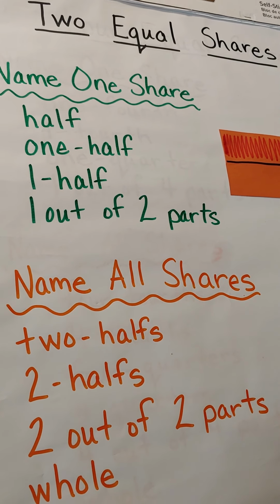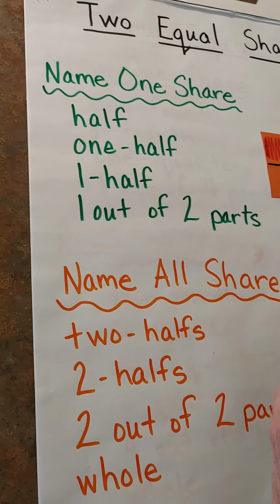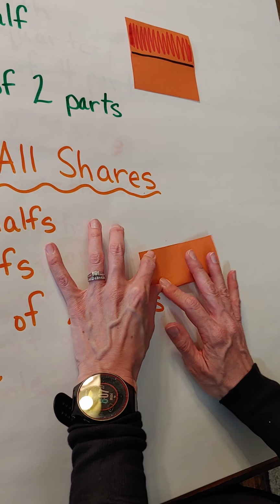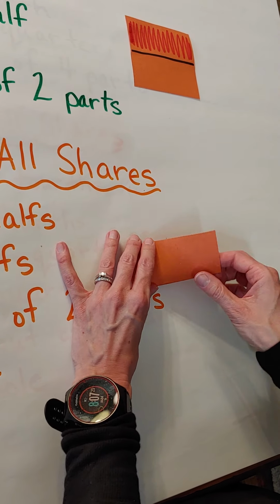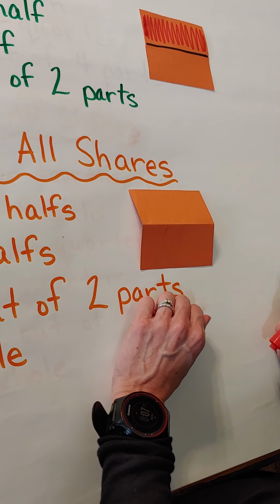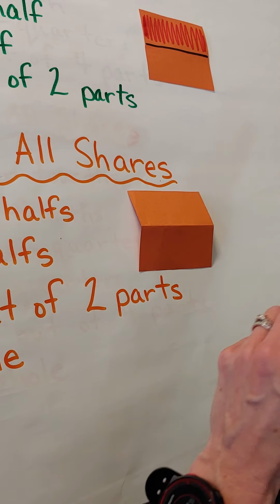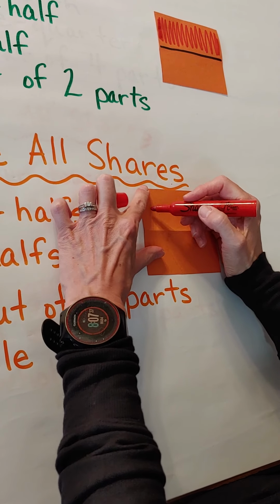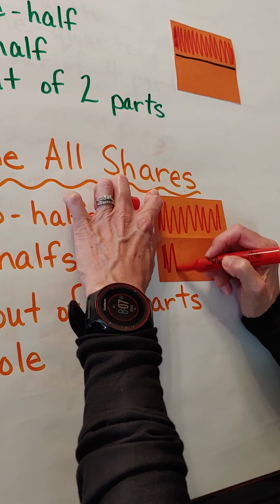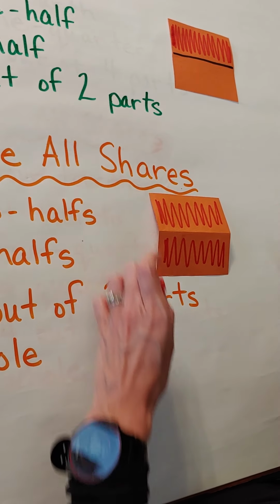Now, another way to go about this might be, again, we're going to divide that piece of bread into 2 halves. But what if I didn't want to share it all? I wanted both shares. Again, they are equal shares. They are the same.